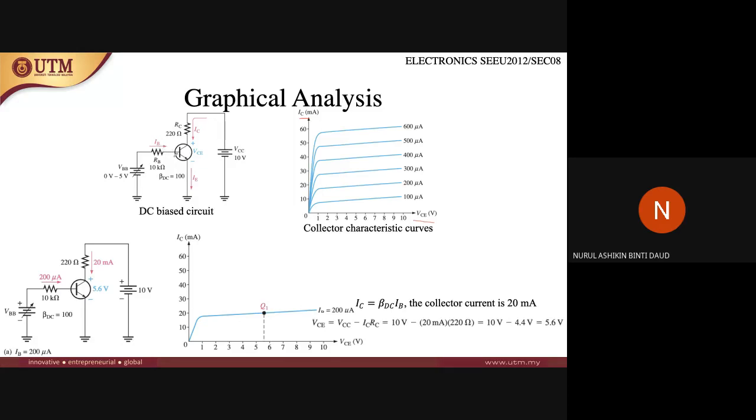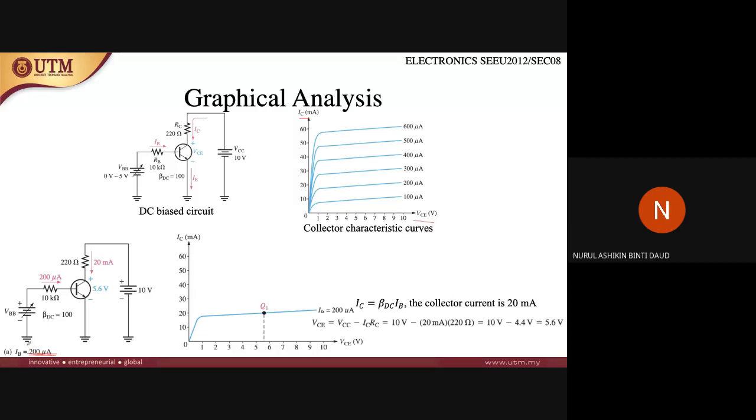So first of all, the value of IB is equal to 200 microamps. It means that the VBB here will be regulated to make sure that the current produced at the base is 200 microamps.